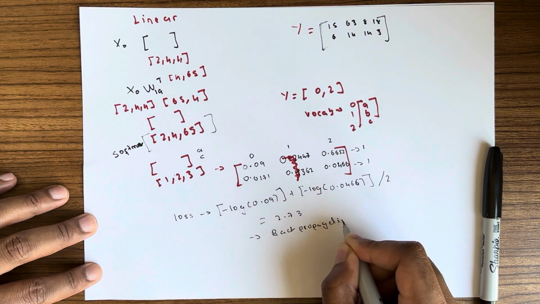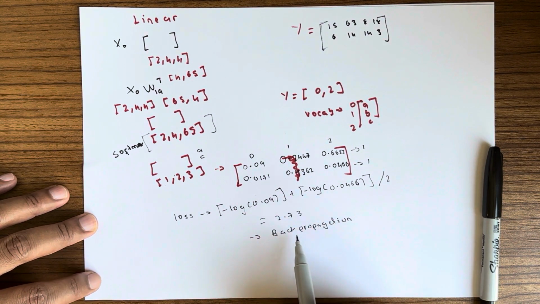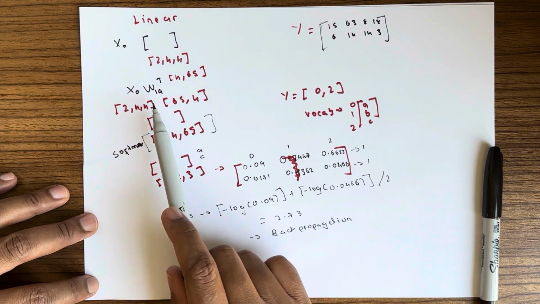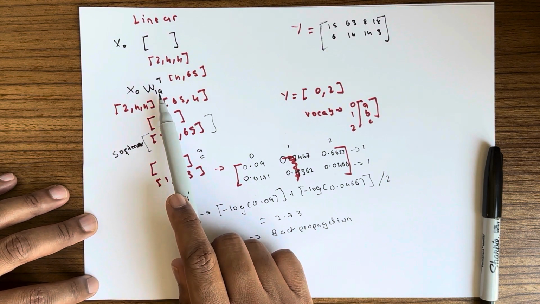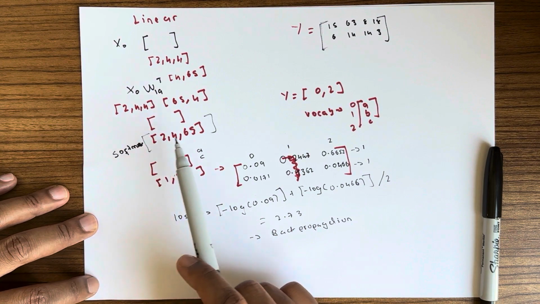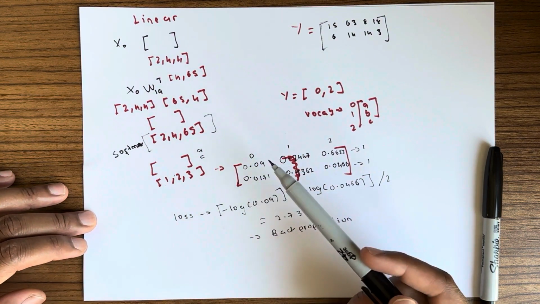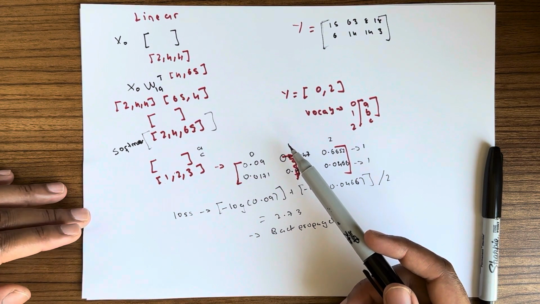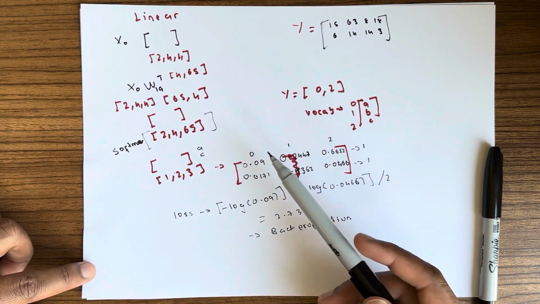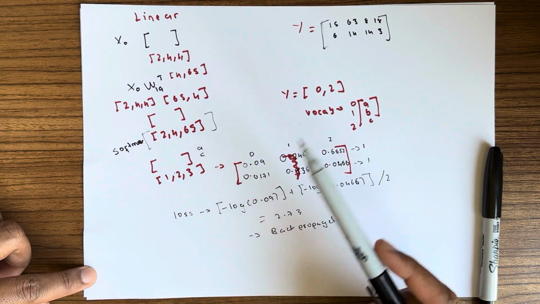This is what is going to be used for back propagation. I actually made a video regarding back propagation. It will be used to update the weights W1, W2, W3. After the back propagation, a new batch of data will be fetched, and the whole process will be repeated.